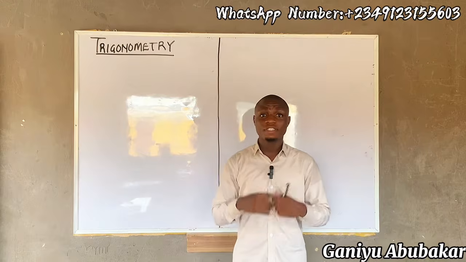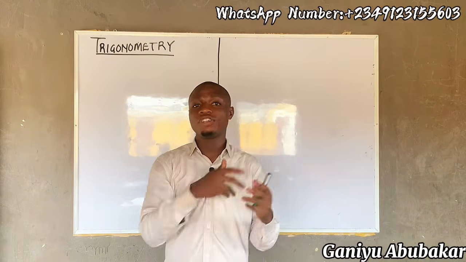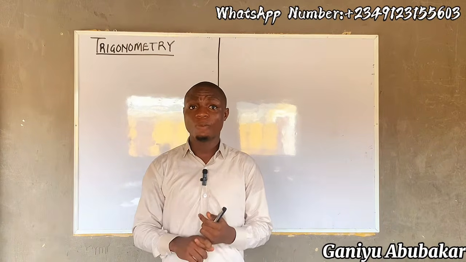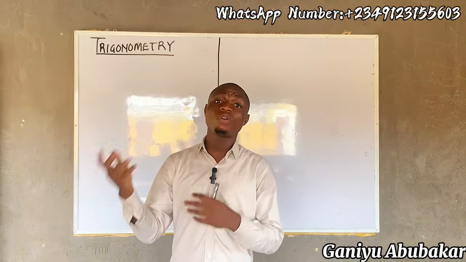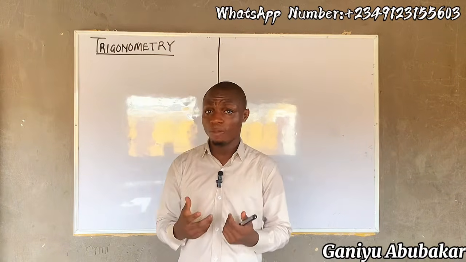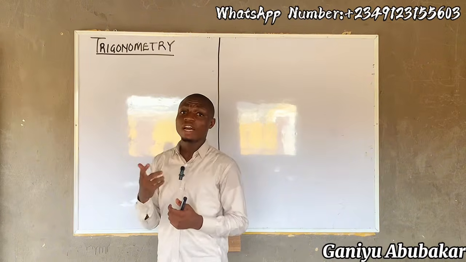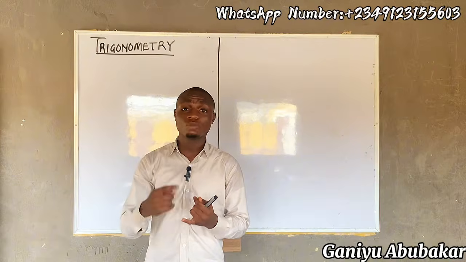First of all, definition. Trigonometry can be defined as the ratio of a right angle triangle. It is generally called trig ratio. So I'm saying that trigonometry is simply the ratio of a right angle triangle, and it is popularly known as what?